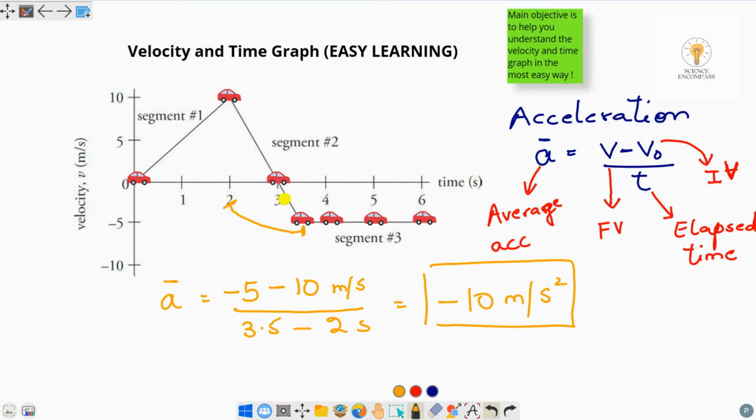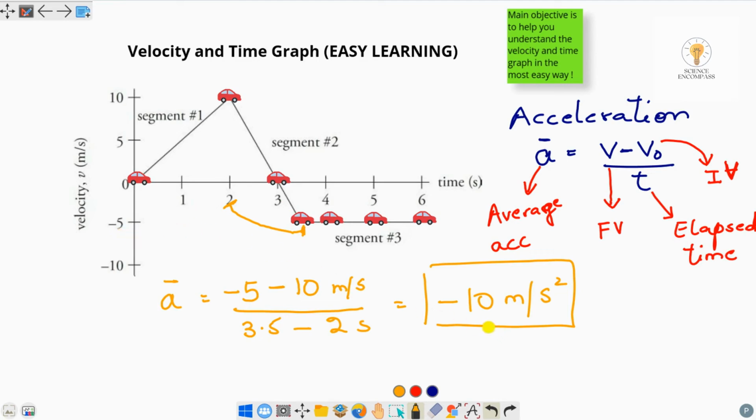Now between time 3 seconds to time 3.5, the car began increasing its velocity, but in the opposite direction. And that's where you get the negative 5. All right.